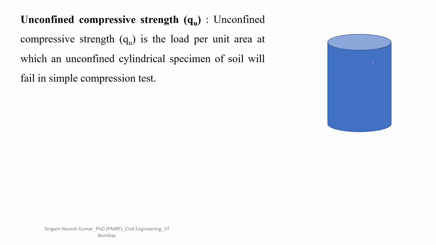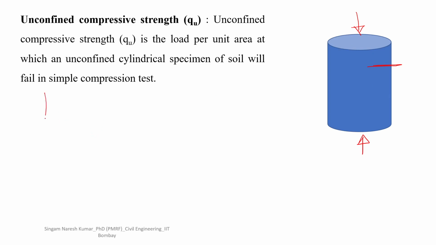Here let us take a cylindrical sample. This is the cylindrical soil sample. The test is done by applying a simple vertical compressive load. There will not be any other load on the other sides. This is the horizontal plane and this is the vertical plane.